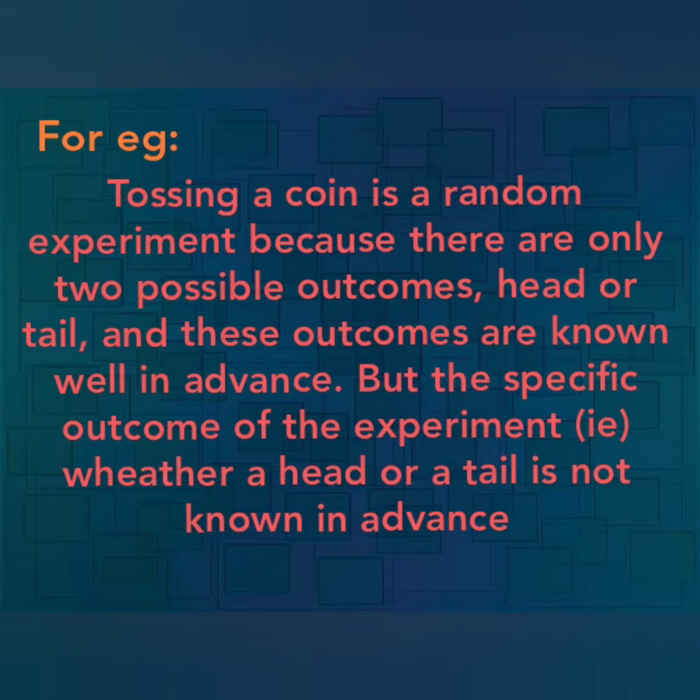Throwing a die is a random experiment because we know in advance that there are only 6 possible outcomes of the experiment, that is 1, 2, 3, 4, 5 and 6. But it is not possible to know which of these 6 numbers will finally be the result.